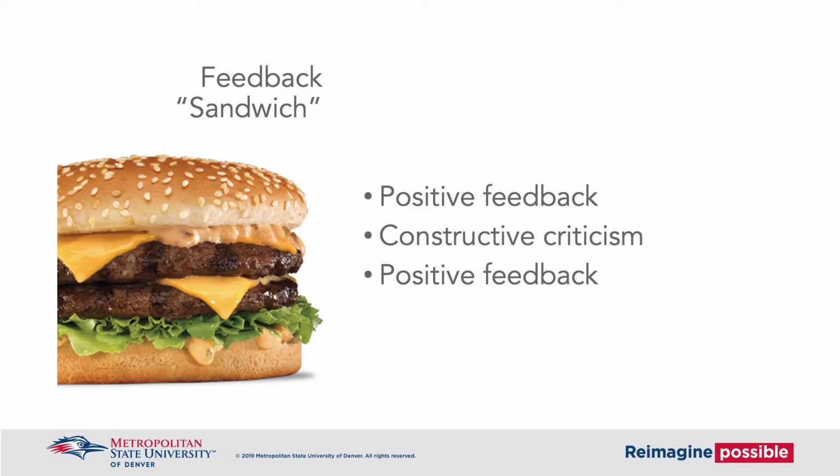When we structure it this way, at least as a default, and then think about ways to modify this, we should always be thinking about where we put the positive feedback, because positive feedback is an important part of the feedback loop, and people need to know what they're good at in your eyes so that they can continue to build upon those strengths. Sometimes people won't realize that, and then they'll stop doing something that you found valuable and that other members of the team found valuable, and that's a real loss. We want to make sure that that never happens.